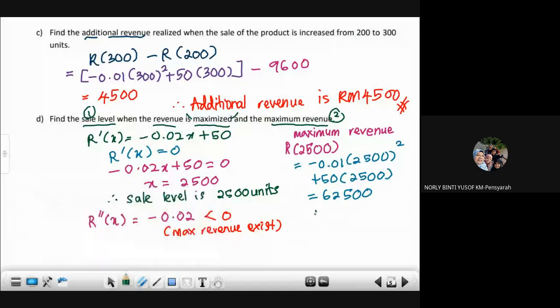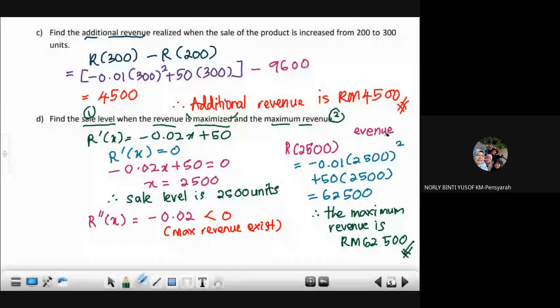So sama buat the conclusion, the maximum revenue is Ringgit Malaysia 62,500. Aku nak tulis function revenue kat sini kalau tak nampak. Okay, macam tulis je balik function revenue tu since that you already got in your A function.